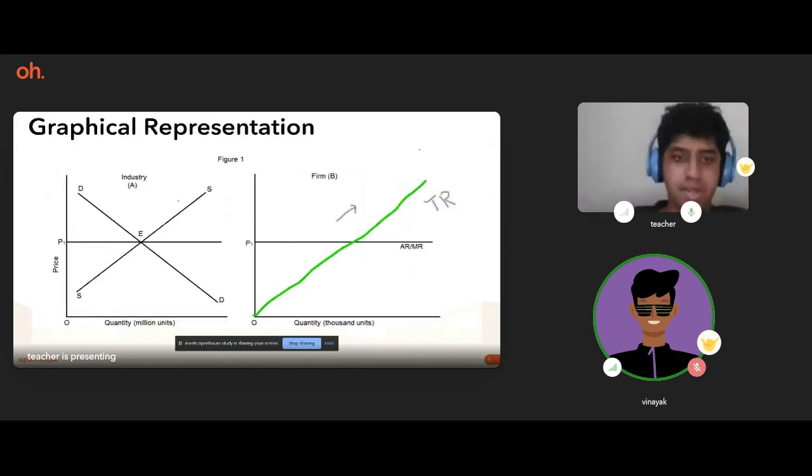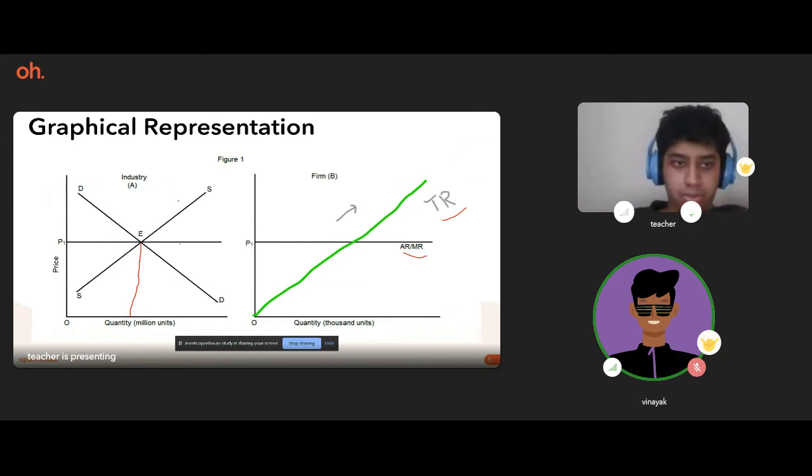So this is the graphical representation of AR, TR, and MR in a perfectly competitive market. And this is the price that has been set, the price that has already been agreed upon.